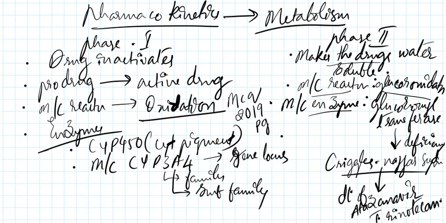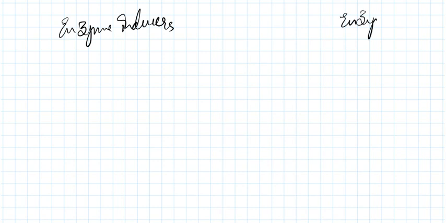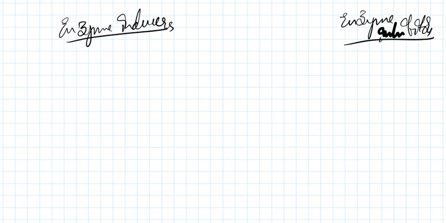Okay. Now, what happens if the enzymes present in these metabolisms are induced by enzyme inducers, or inhibited by enzyme inhibitors? If enzyme inducers were given unknowingly, what do these enzymes actually do?